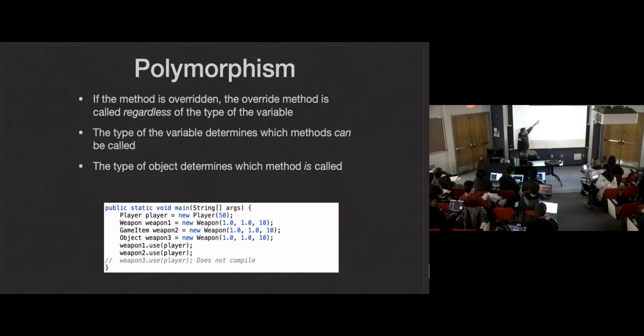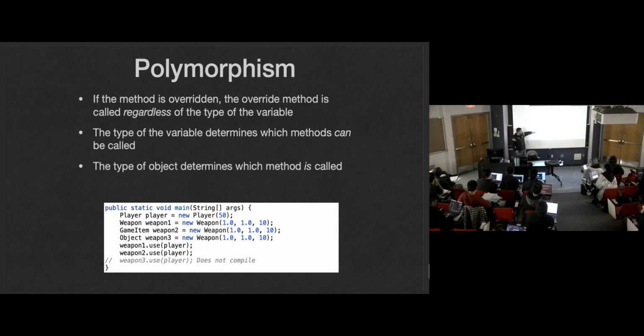The type of the object determines which method is actually called. So when I call weapon 2, weapon 1, weapon 3, these variable types are going to define, okay, this is a legal method call, this is a legal method call, this is not a legal method call. The variables are deciding that. Variables decide, can this code even compile? Is this allowed?